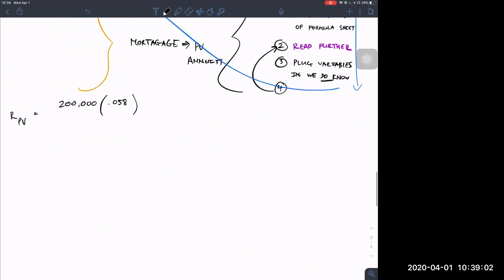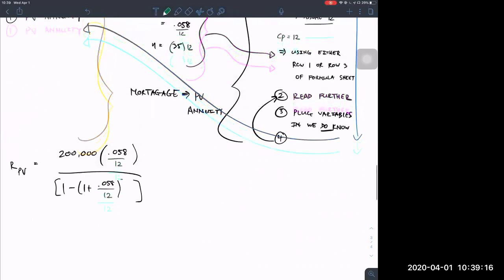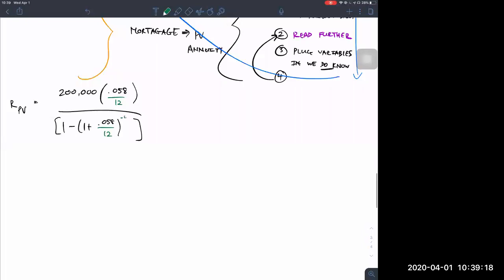1 plus 0.058 over 12, negative, what did I say, 420. Okay, let me get this answer for you all really quick. $200,000 times 0.058 divided by 12.